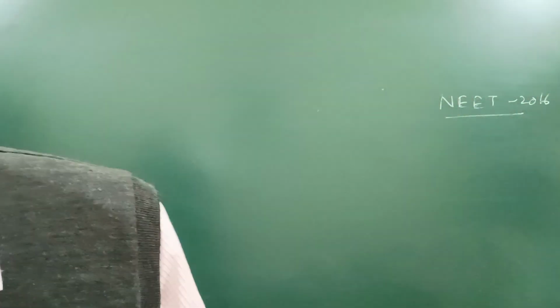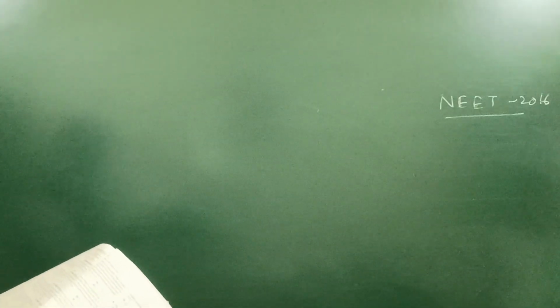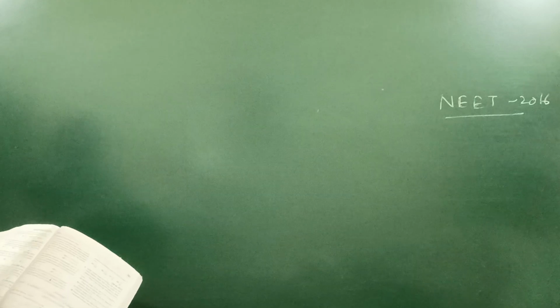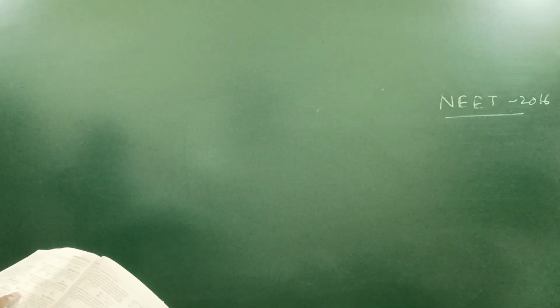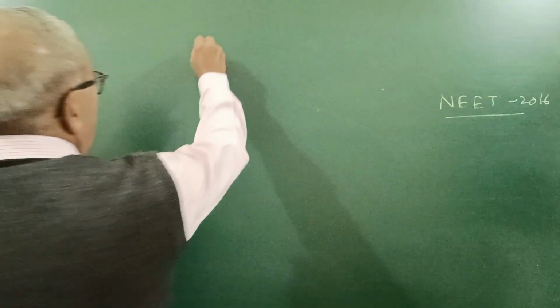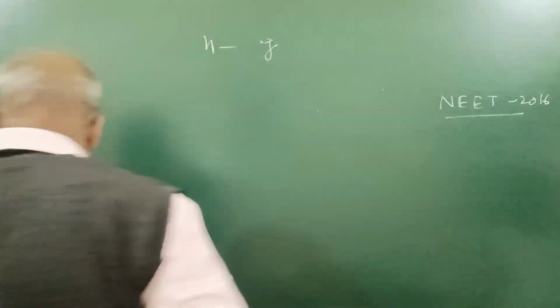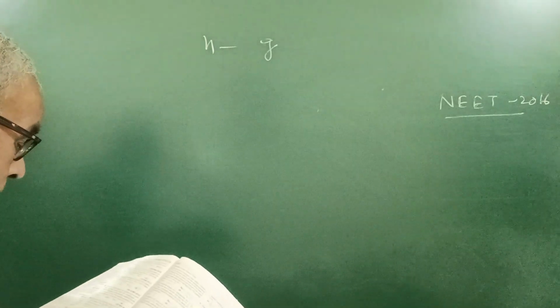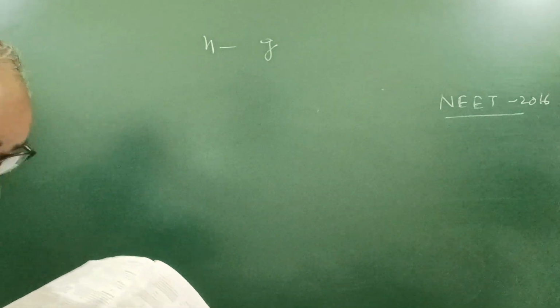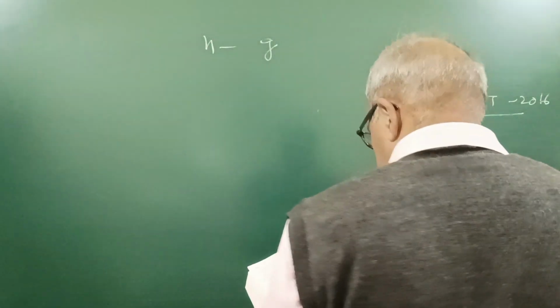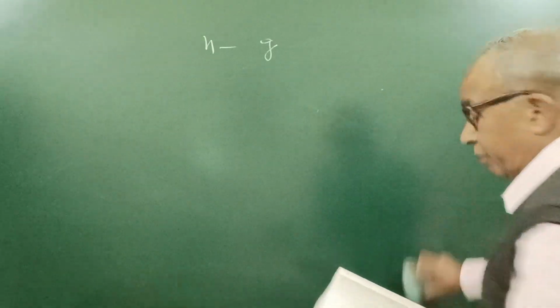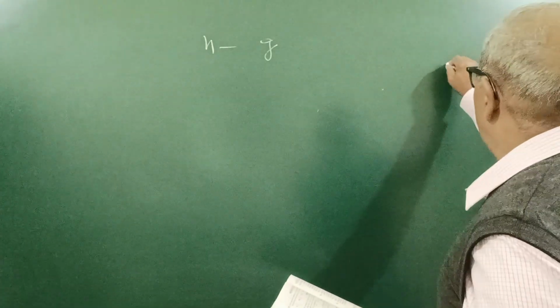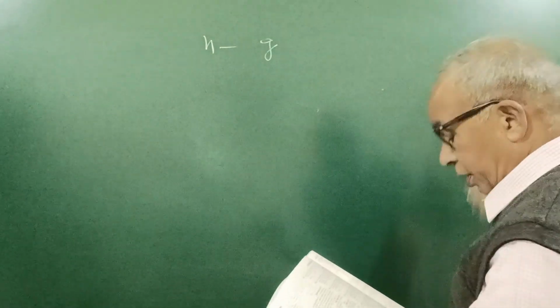Now one more question here, a good question again. An electron in the ground state, an electron has jumped from an excited state n to the ground state. The wavelength of the photon so emitted illuminates a photosensitive material having work function 2.75 electron volt.